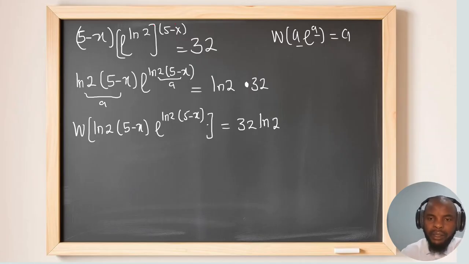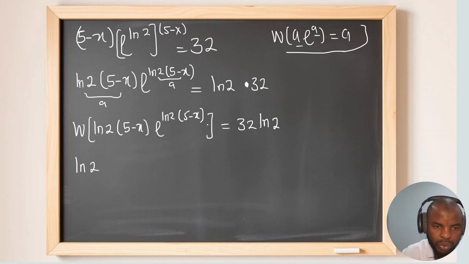Now we can apply this rule, then we can say that the answer is going to be a. And what is our a? Our a is natural log of 2 times 5 minus x, equals 32 times the natural log of 2.